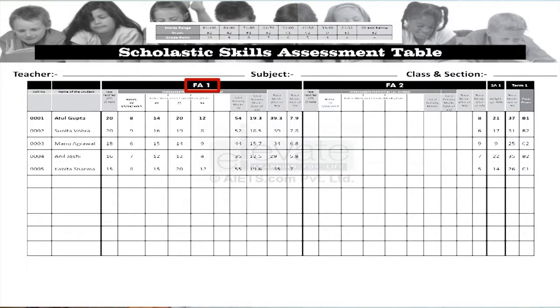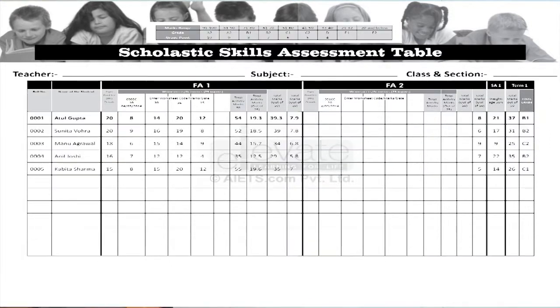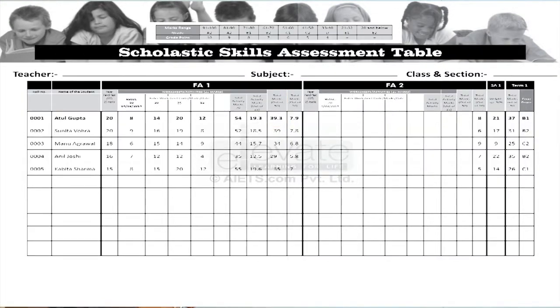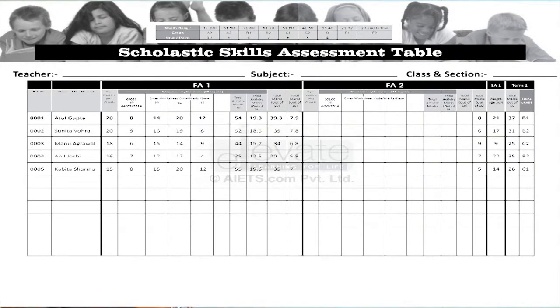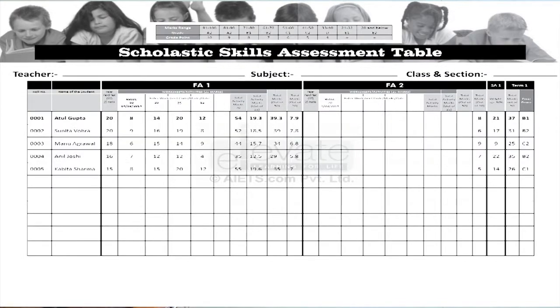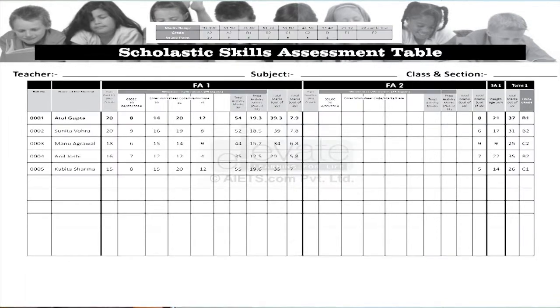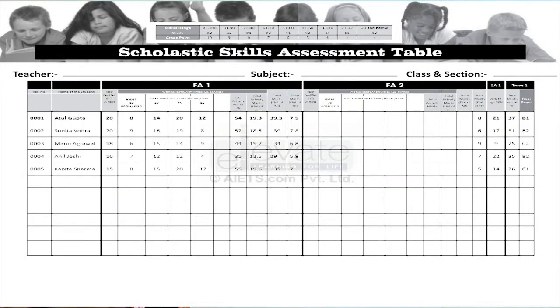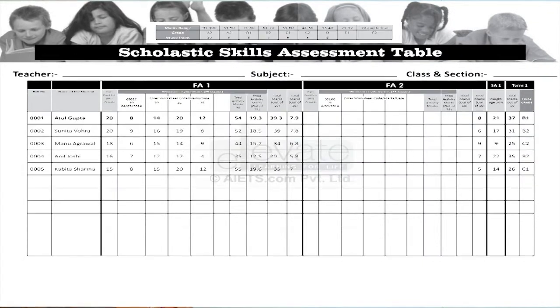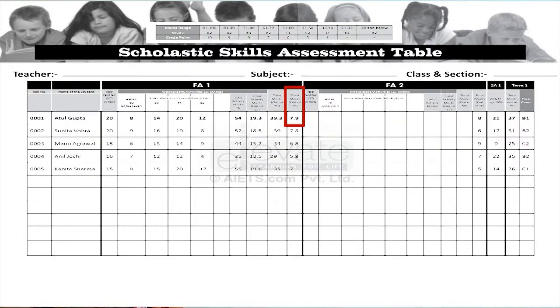So for FA1, Atul Gupta gets 39.3 marks out of 50, and this is the composition of PPT and activities. PPT 20 out of 25 and activities 19.3. So he gets 39.3 out of 50, and grade point is 7.9.